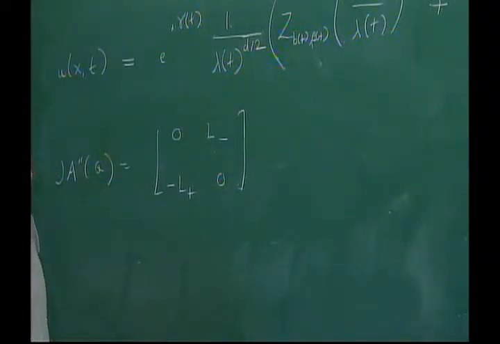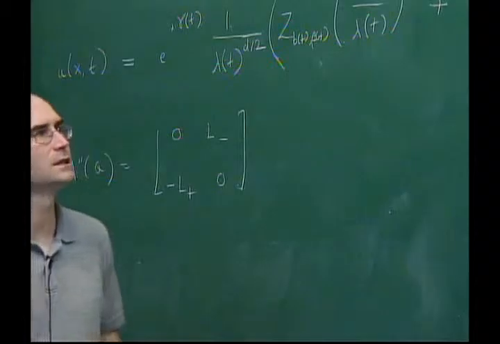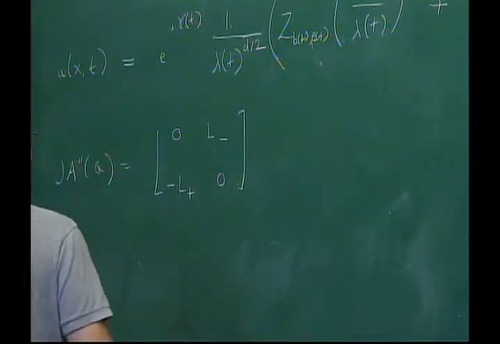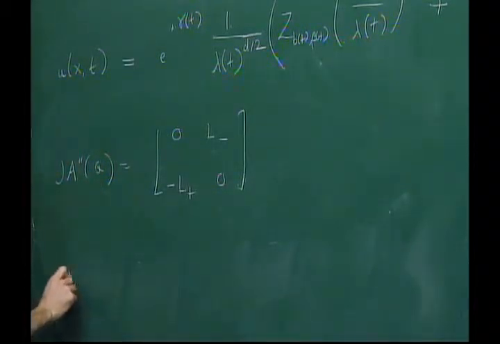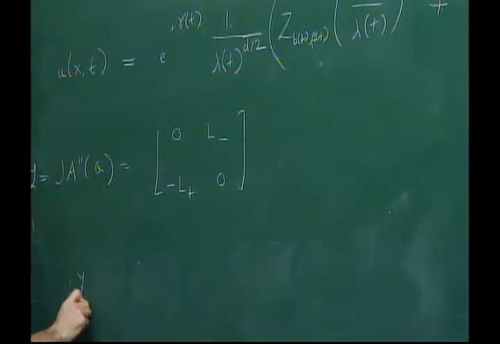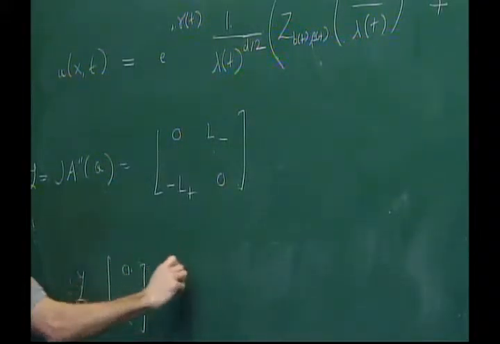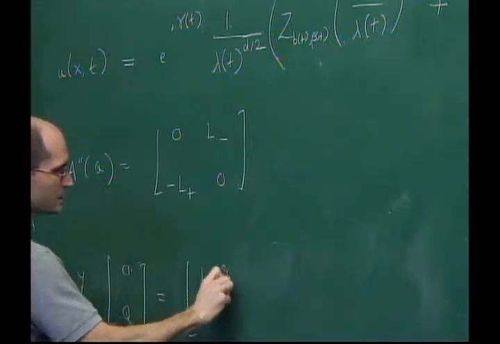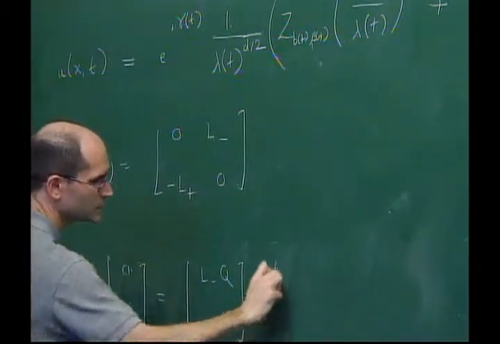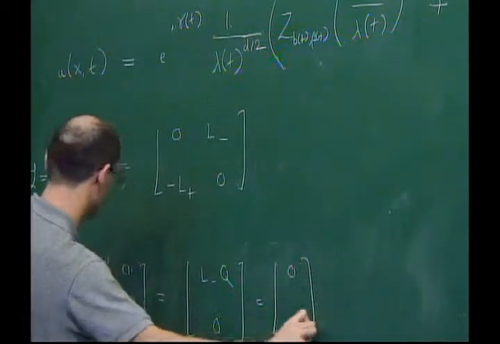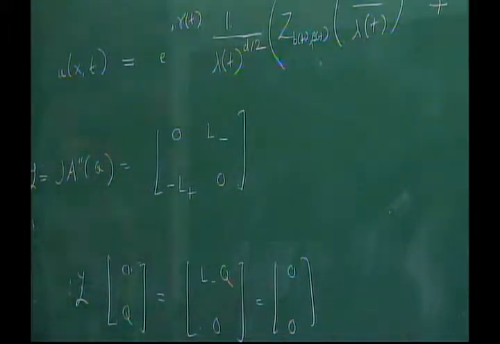So you can build a vector, right? Let's call this L. You first note that 0, q is equal to L minus q, 0, which is 0. So 0, q is an element of the kernel of L.